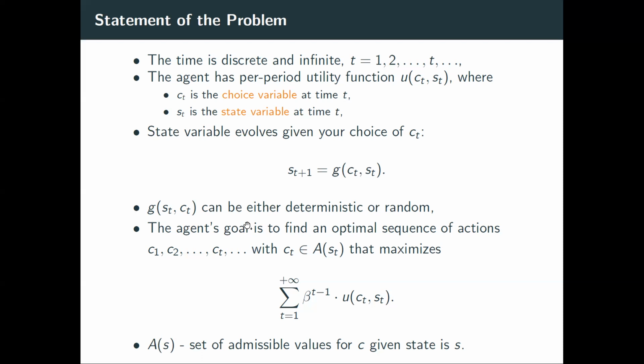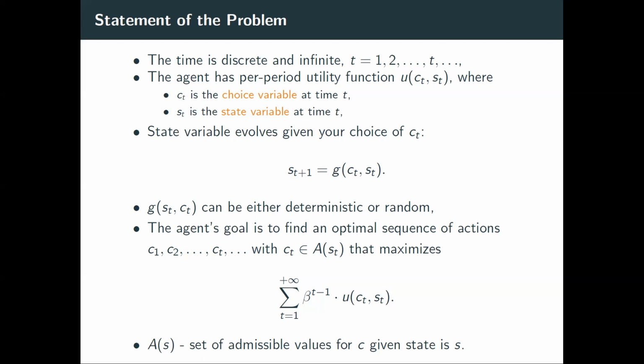And the agent's goal is to find an optimal sequence of actions. Here, I say that these CTs are actions because you can choose these CTs. What is important here is written in quite complicated language, but again, with this particular example, when you have some budget for a month and you just need to choose consumption optimally, you have a natural constraint.